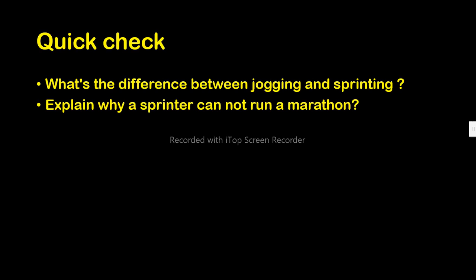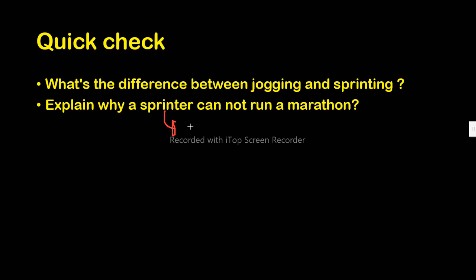And I think it was really fun. But before you go, here is a quick check you can think about. What's the difference between jogging and sprinting? And explain why a sprinter cannot run a marathon.